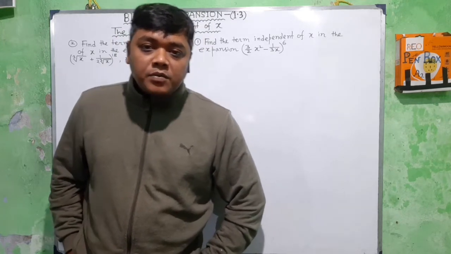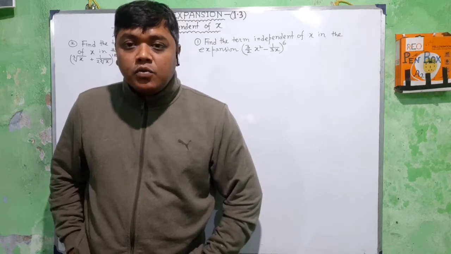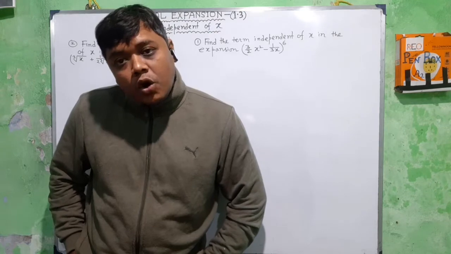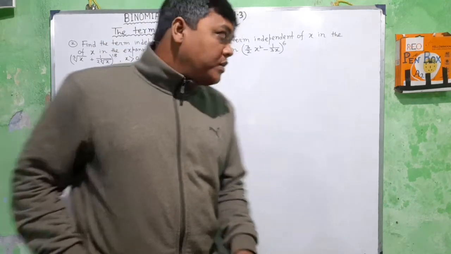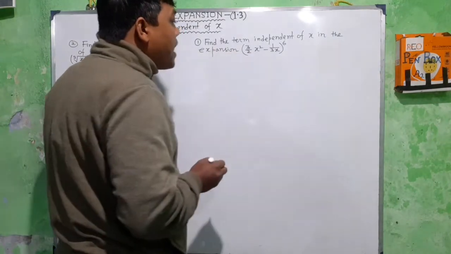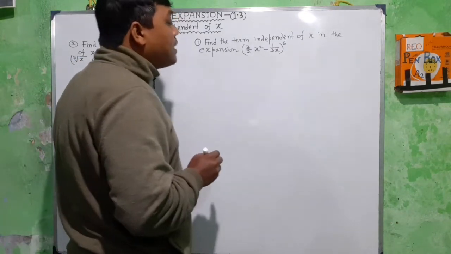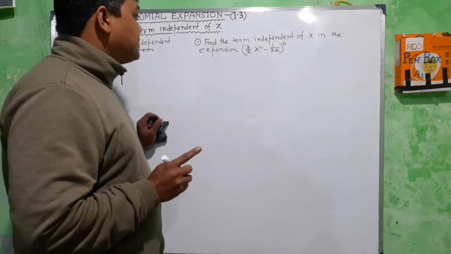The main part in this video is that we have to calculate the term independent of x. The first problem is: find the term independent of x in the expansion of (3/(2x²) − 1/(3x)) to the power 6.